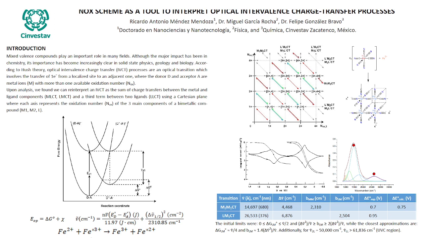We did so by using Prussian blue, which is one of the best-known homo-bimetallic complexes in the field. This is the product of two iron species. The first one is a hexacyanoferrate species, in this case iron plus 3, and iron chloride, in this case iron plus 2.